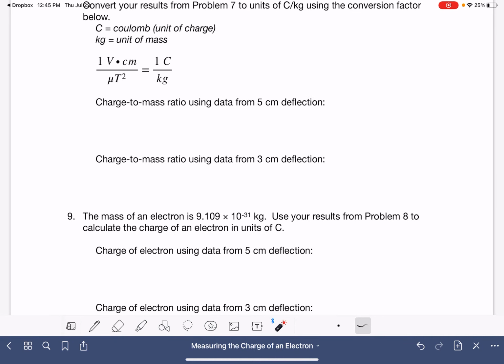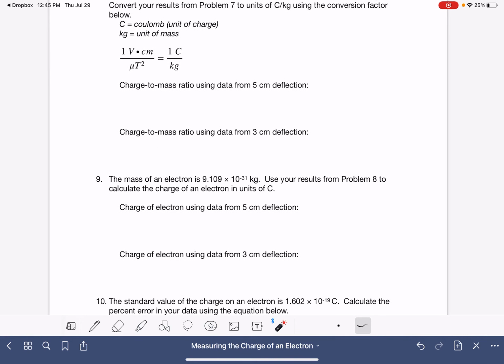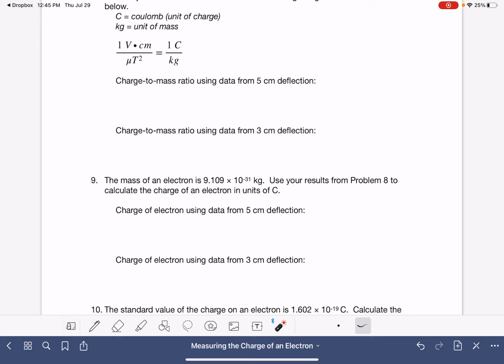And now we're almost done. The next thing that we're going to do is actually calculate the charge of an electron using your data. So from this part of the problem, we have our charge to mass ratio in units of coulombs per kilogram, so whatever it might be.